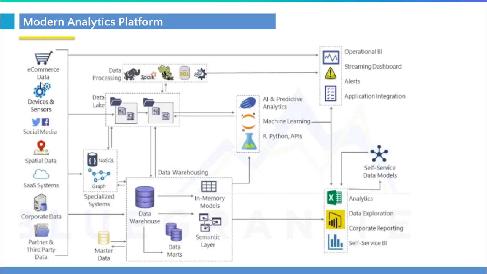This is the overall analytics platform that can be used. There are a lot of data-generating activities like e-commerce data, services, sensors, social media, geospatial data, SaaS systems, corporate data, and banking systems. Those are all data-generating activities, and once we have this data, there are different processing engines.